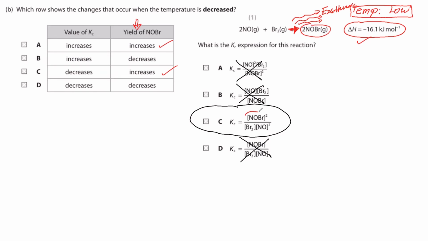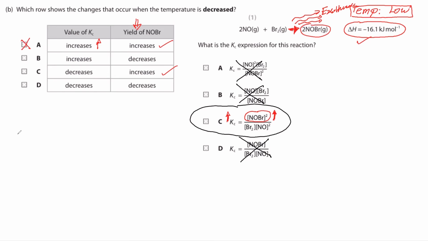When the NOBr amount increases, the numerator is increasing. We know that in a fraction, when the numerator increases, the Kc value also increases. So both the NOBr yield and the value of Kc should increase. Therefore, for question number 8b, the answer is A.